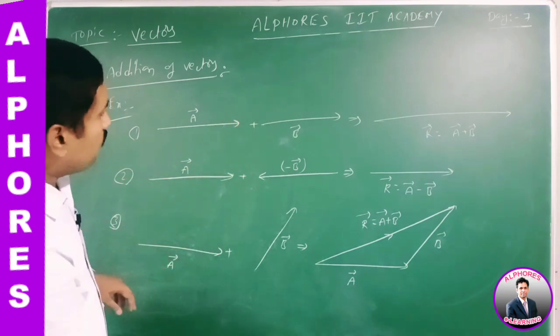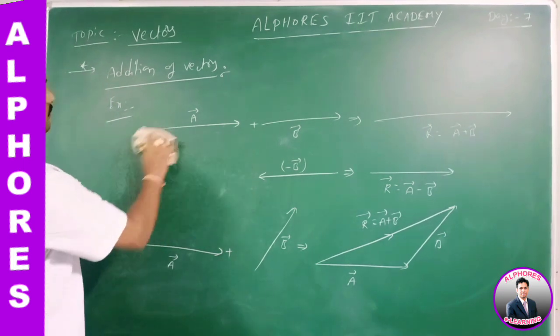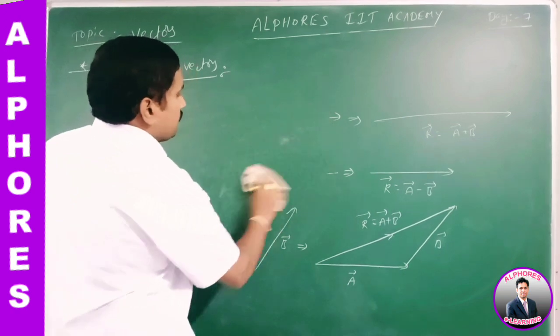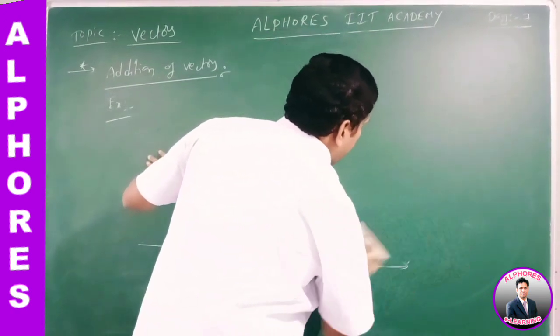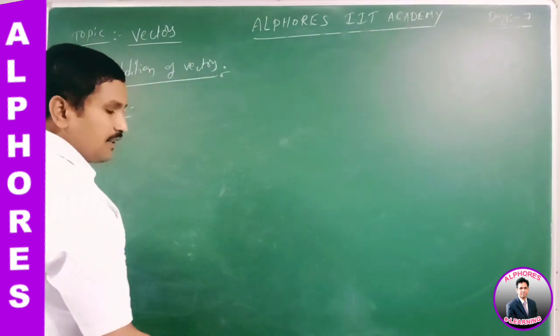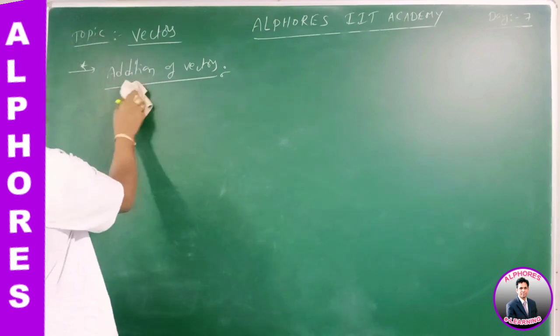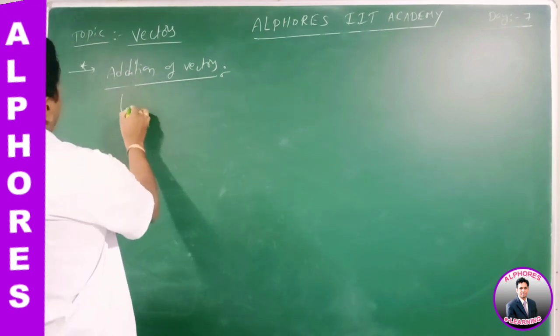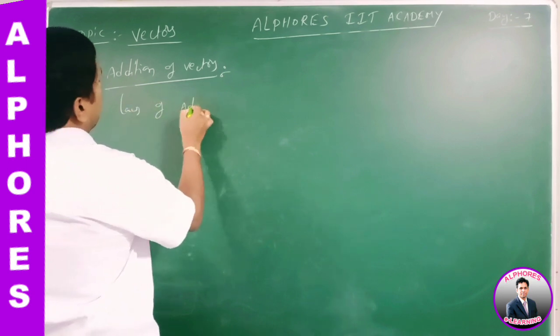Now, what are the rules of addition of vectors generally? There are three rules actually. Each mathematical operation like addition, subtraction, multiplication and division obeys three properties. First, the laws of addition.